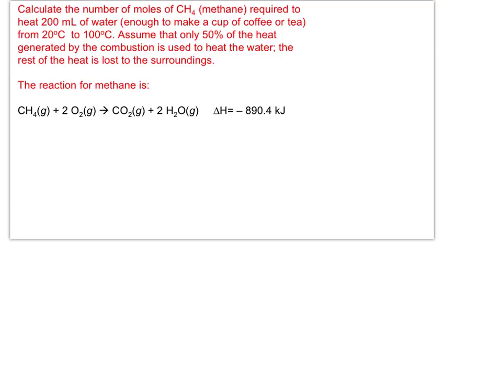More calorimetry practice. We'll start by drawing a picture. So here it's a little different, but calculate the number of moles of methane required to heat 200 milliliters of water, enough to make a cup of coffee or tea, from 20 degrees Celsius to 100 degrees Celsius.